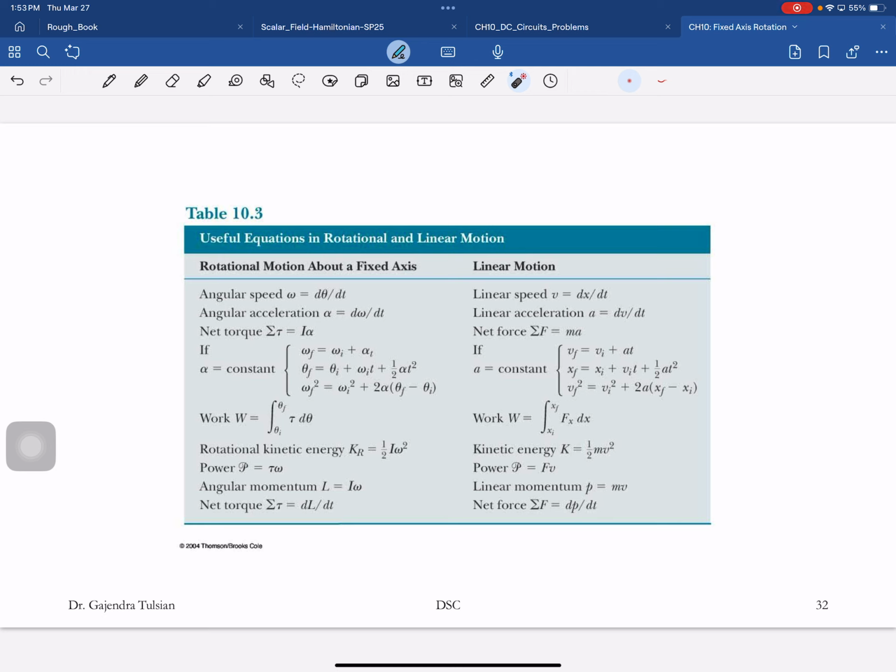These equations were true when a was constant. Similarly, when alpha is constant, you get similar kinematic equations. Work done when force changes with position was given by that. Similarly, we haven't shown you this, but a similar equation works when the torque is a function of theta.